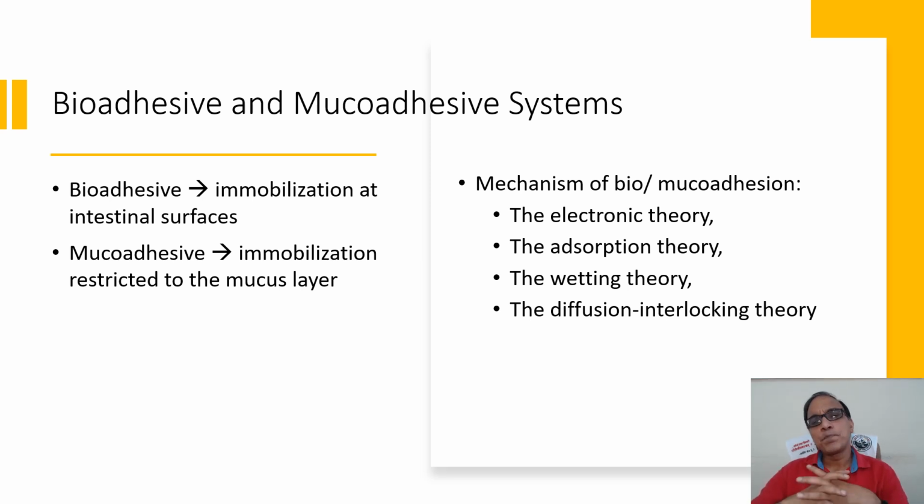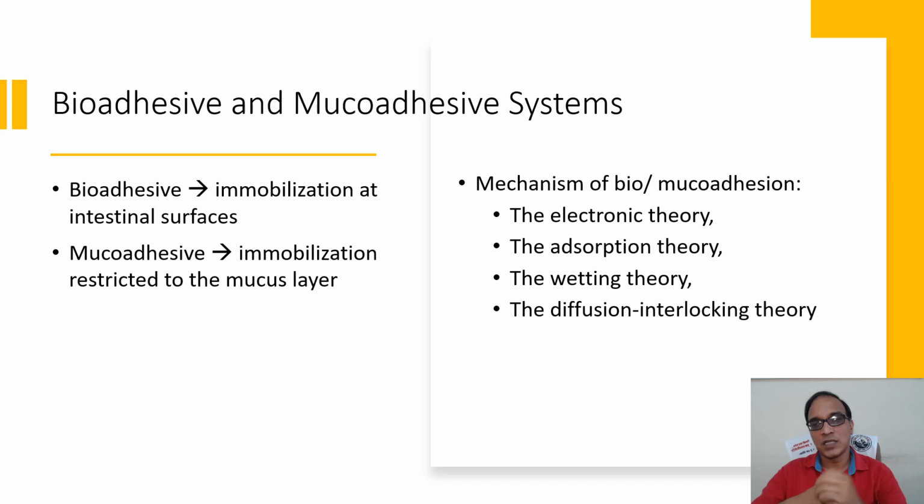Now moving to the bioadhesive and mucoadhesive systems. The bioadhesives cause immobilization at the intestinal surface, and in the mucoadhesive, the mucus layer is where they are immobilized. These systems are immobilized or attached to the mucosa of the gastric region. However, mucoadhesion we will be covering in a separate lecture.